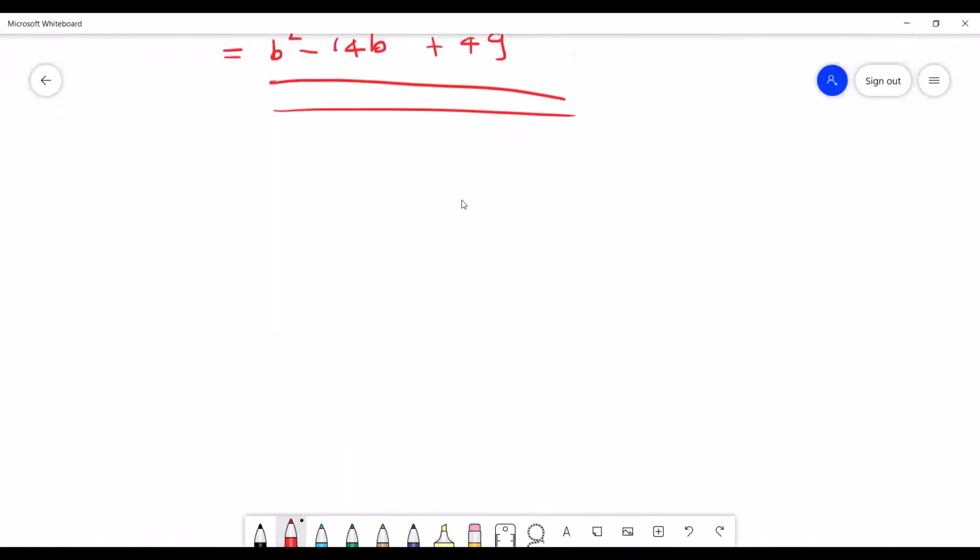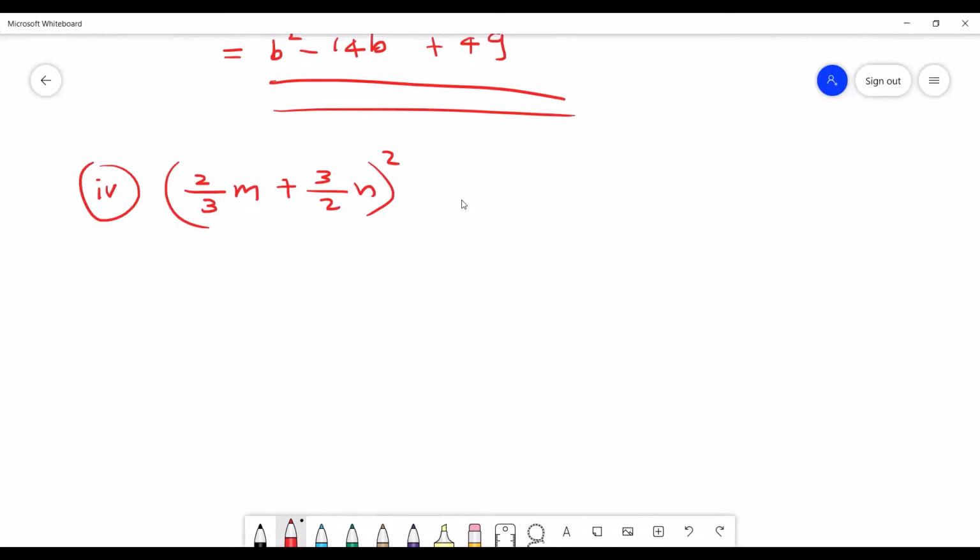Now let us consider one more question here. In question 3, we are considering the fourth question. It is given as (2 by 3 m plus 3 by 2 n) whole square. So here we cannot use a minus b.